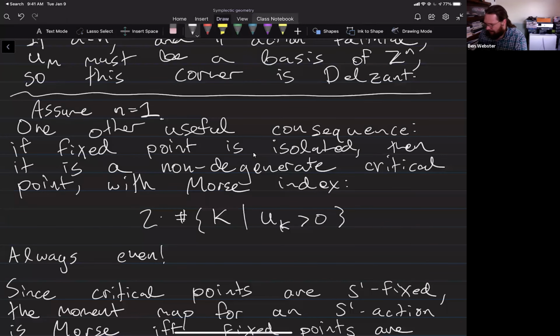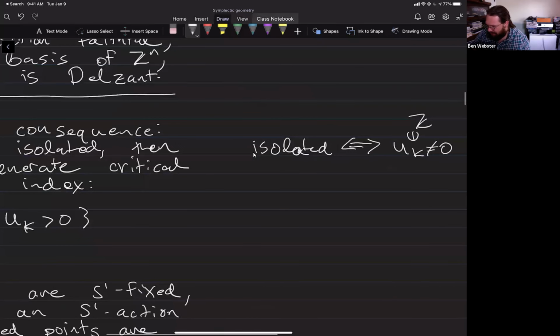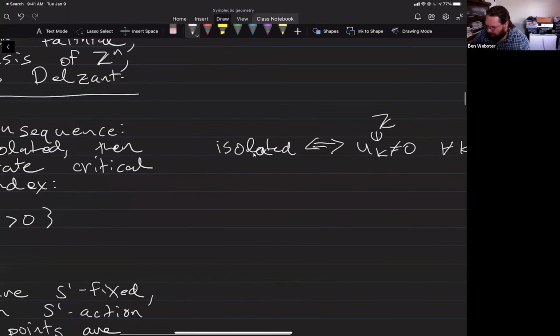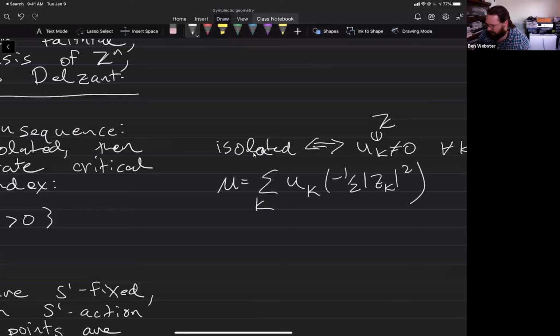And so the function locally around that point looks like, let me just write this out, mu is equal to, and I'm just writing the same formula from before, UK minus 1/2 log z squared.